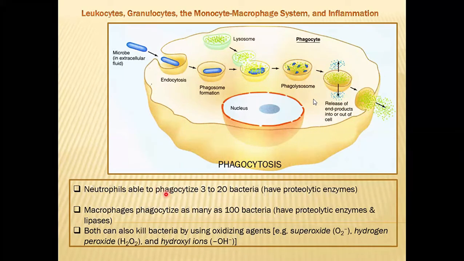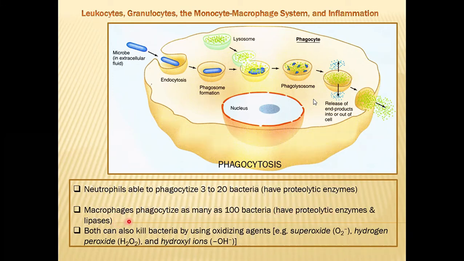Neutrophils are able to phagocytize 3 to 20 bacteria, and they have proteolytic enzymes. While macrophages, since they are bigger than the neutrophils, can phagocytize as much as 100, and they have proteolytic enzymes and lipases.